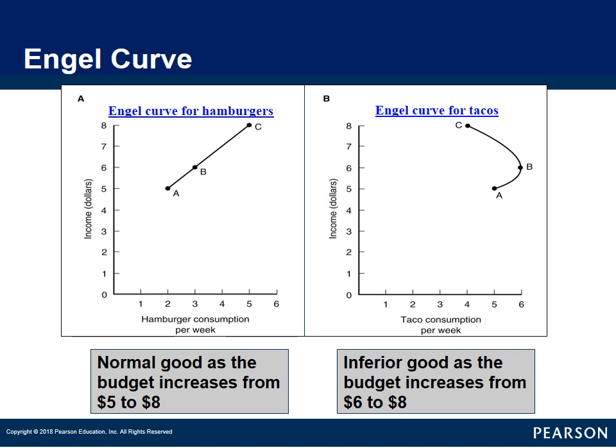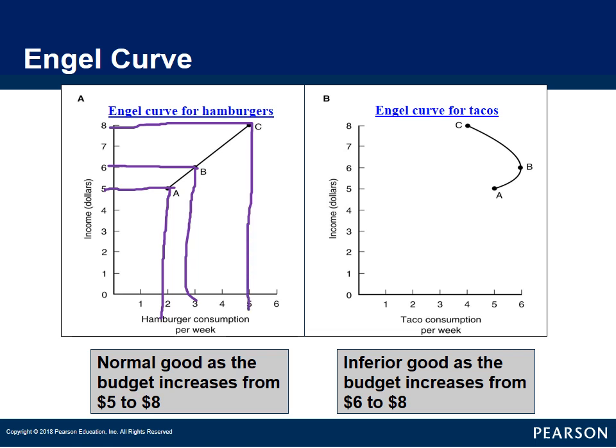This first graph shows us the Engel curve for hamburgers based on income. If the income is $5, the hamburger consumption is 2. If the income increases to $6, the hamburger consumption is 3. And finally, if the income increases to $8, the consumption of hamburgers is 5.